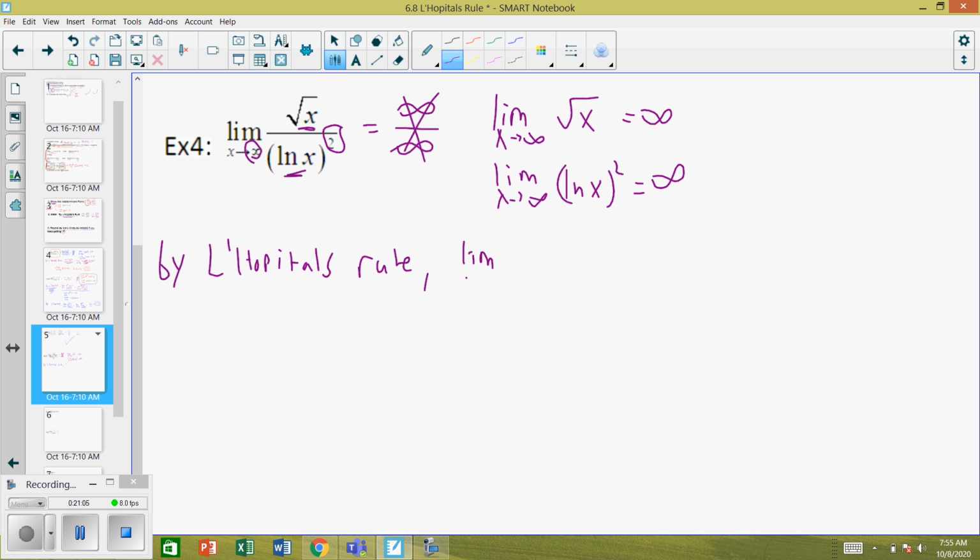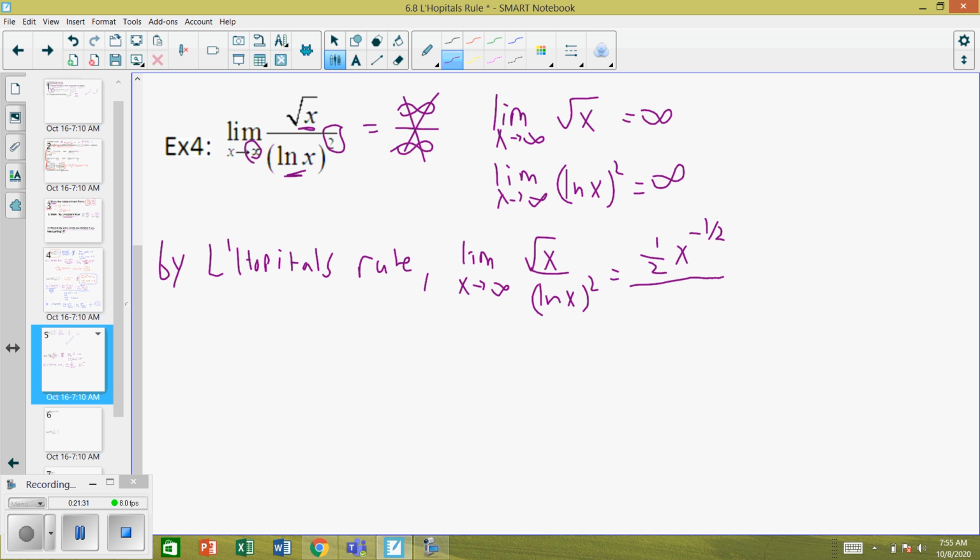the limit, it's a lot of rewriting here, the limit of square root of x divided by ln of x squared equals. So then we take the derivative of the top, and we've taken the derivative of the square root of x a bunch, that's 1/2 x to the negative 1/2, divided by, all right, let's take the derivative of ln of x squared.